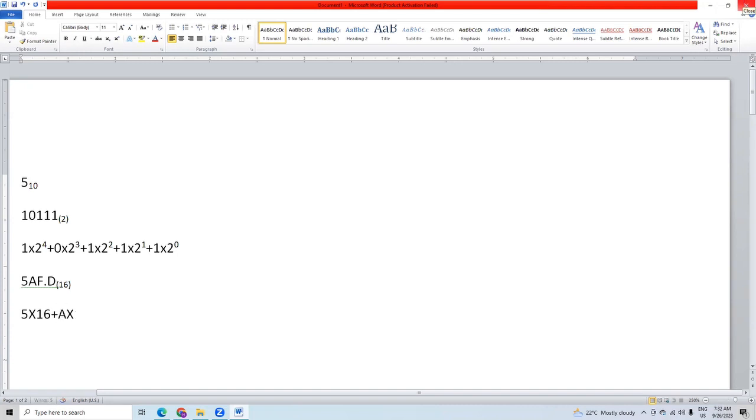A into 16, then plus F into 16 plus D into 16. This is raised to 0 and this is raised to 1.